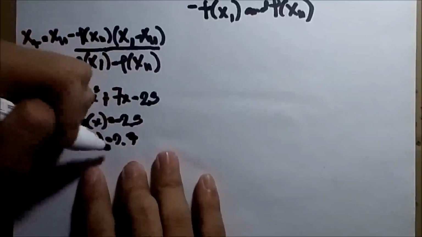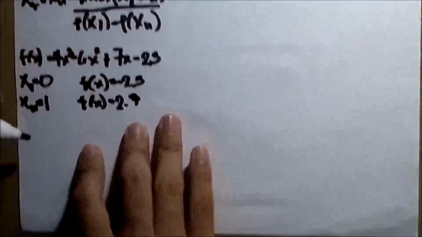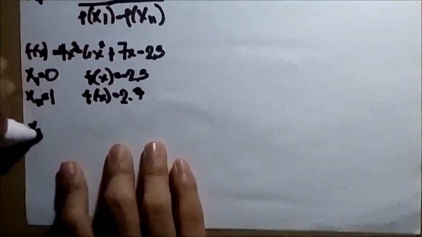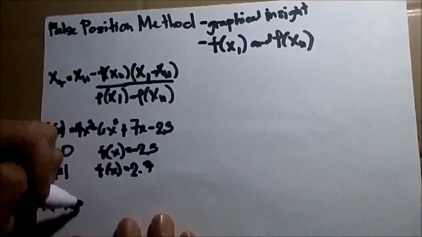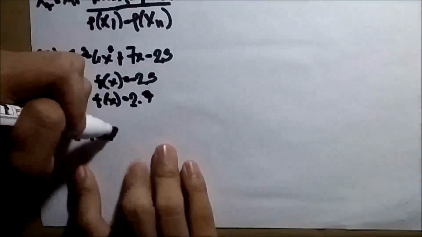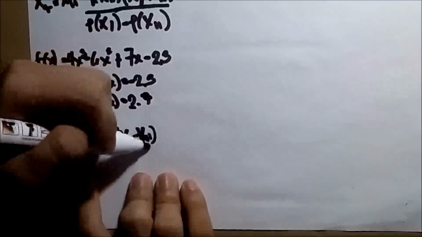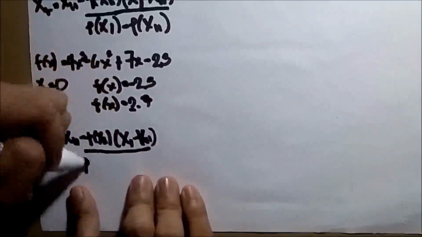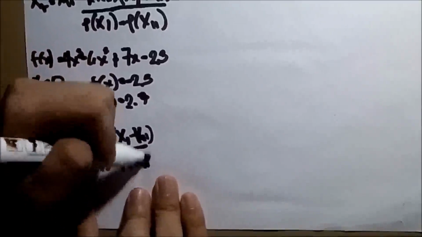Then we can substitute these variables to the formula. x_r equals x_u minus f(x_u) times (x_l minus x_u) over f(x_l) minus f(x_u).